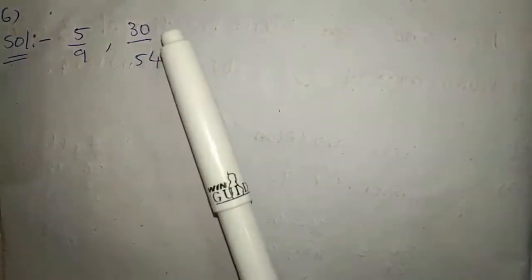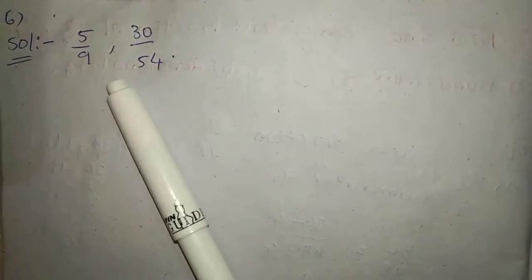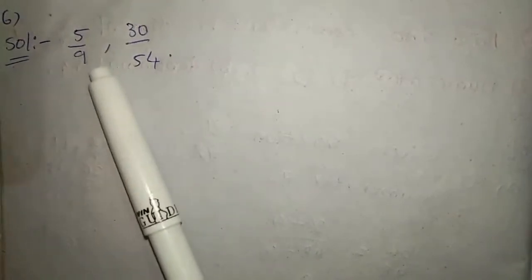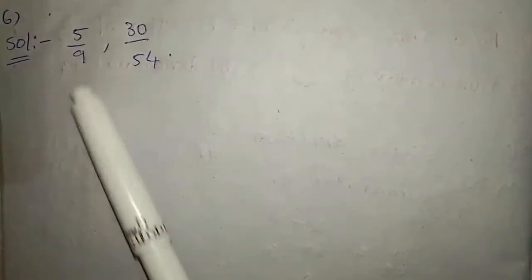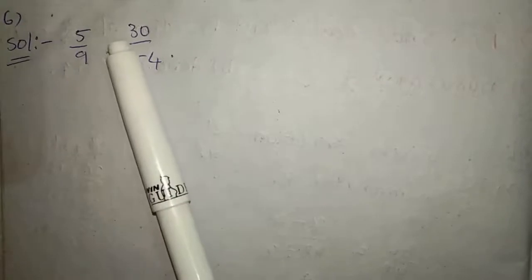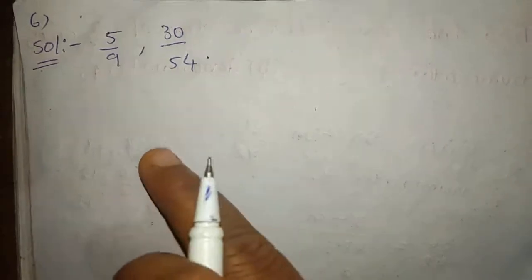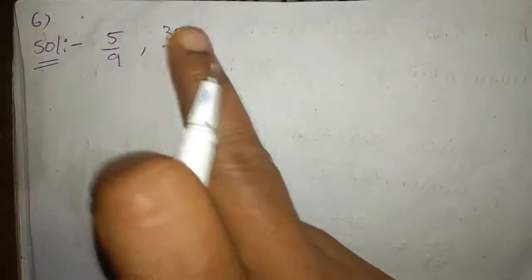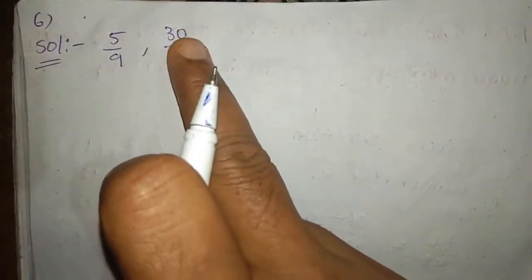Now let us make the numerators equal in the two fractions. The first fraction is 5 by 9 and in the second fraction the numerator is 30. So how to make 5 as 30? When 5 is multiplied by 6, we get 30.